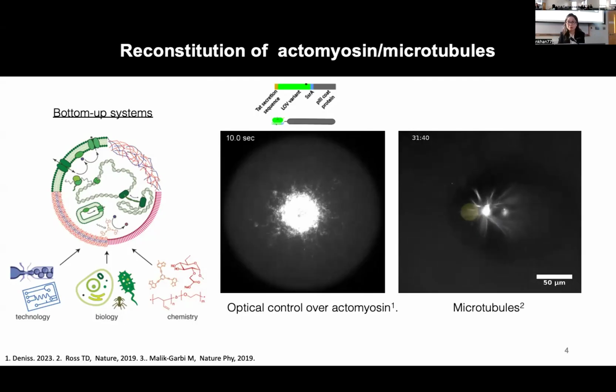Another example of a light-controlled system I'm showing here is the microtubule. You can see the microtubule with the yellow light controlled in the center is polymerizing and forming these beautiful asters here. In this way, we can understand all this collective behavior and property in a much more controlled way.